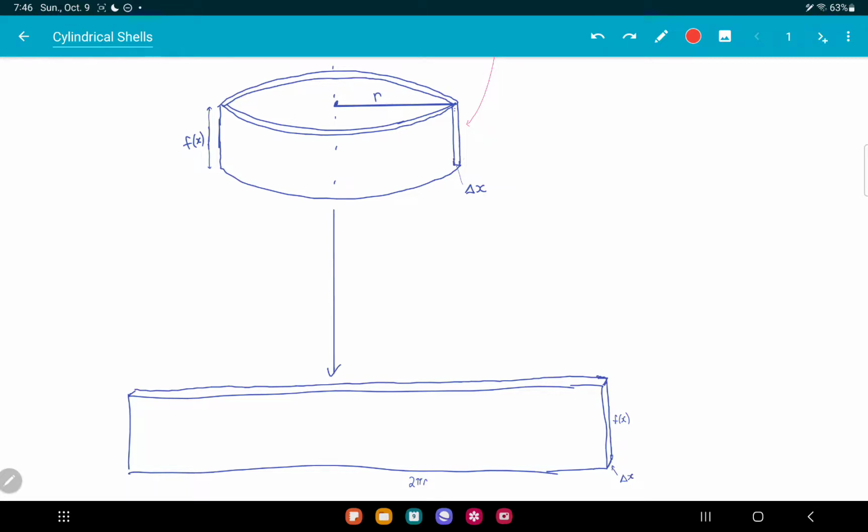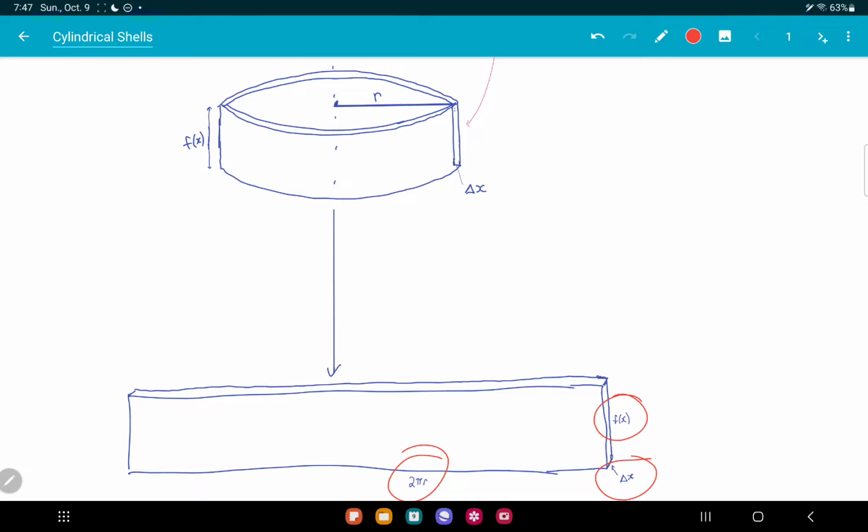Well, roughly speaking, we get this kind of rectangular looking solid with a little bit of thickness delta x. Of course, this delta x down here is the same as this delta x right here. Now that we have a rectangular solid, we can very easily find its volume. We're just going to go base times height times depth.